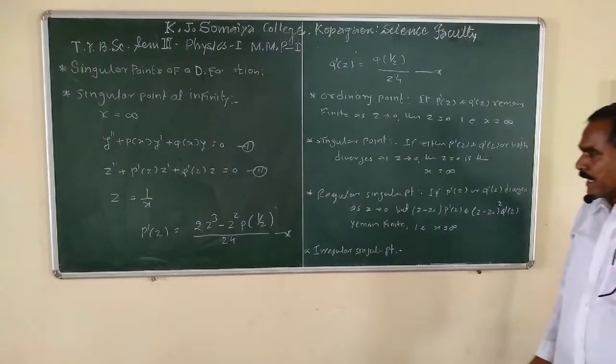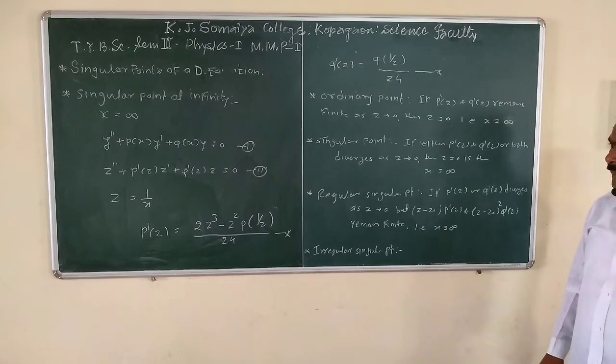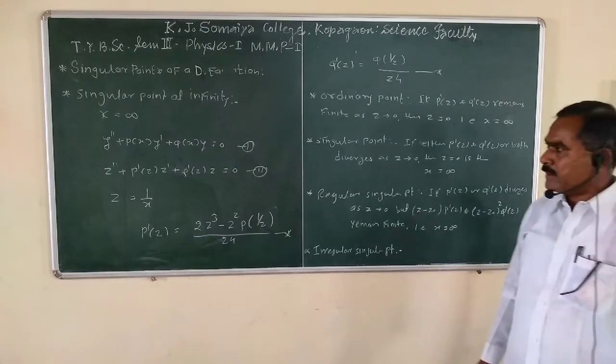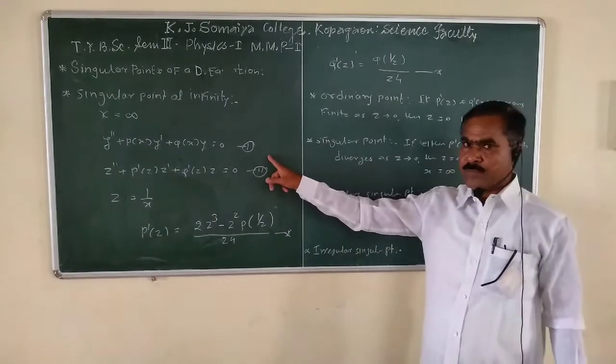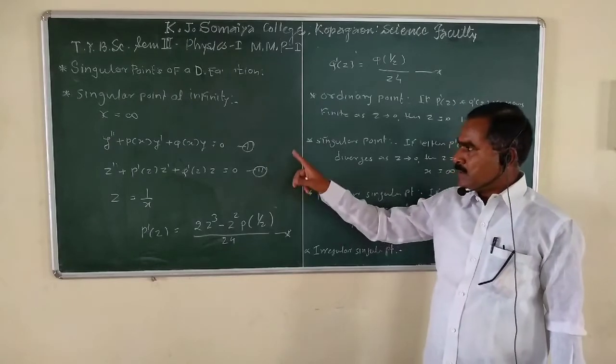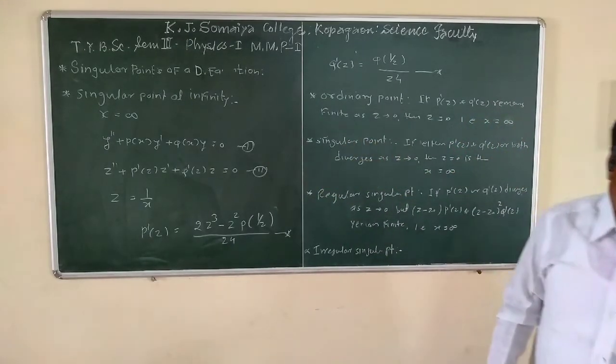That is, we can say that x equal to infinity is an irregular singular point of the differential equation first. Like this, we define these singular points.